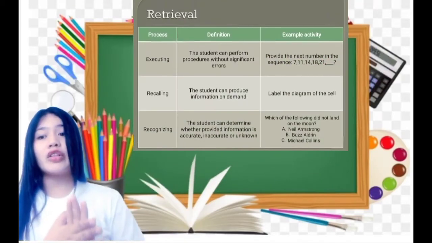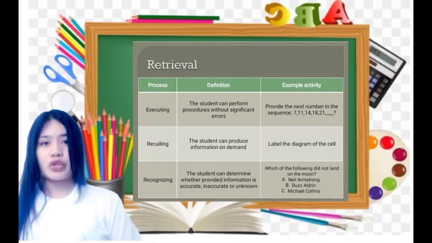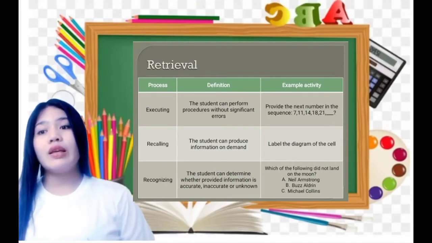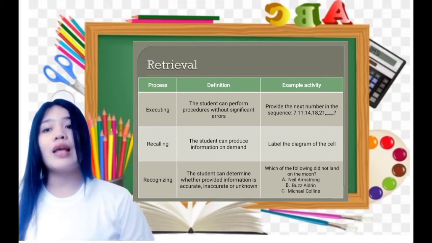The following are the definition and example activity of level 1 retrieval. In executing, the student can perform procedures without significant errors. So example activity here is provide the next number in the sequence 7, 11, 14, 18, 21, and 9. In recalling, its definition is the student can produce information on demand.